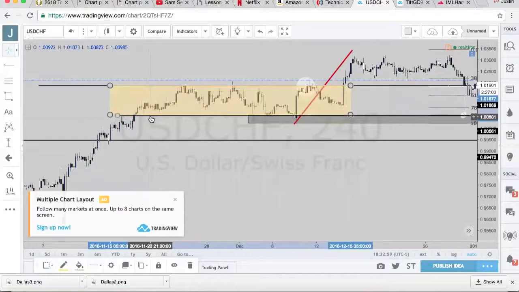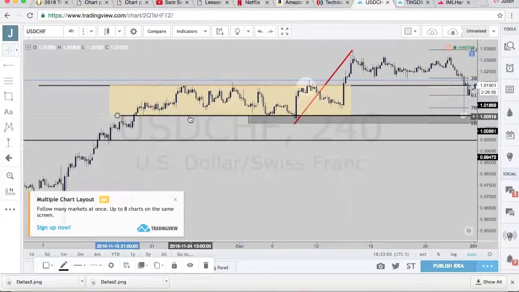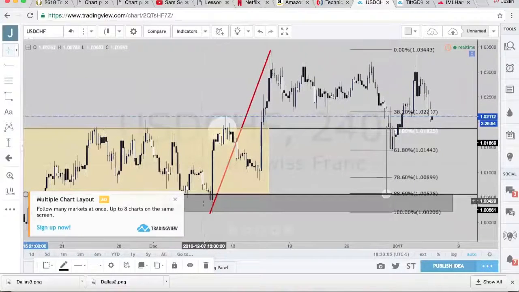This black line that I just drew was acting as a level of support. So what happened is this rally, this ABCD up, which was an X to A in a harmonic, broke structure to the left, and then it retraced down into a previous support level, which was also an 88.6 and also the top of the zone.